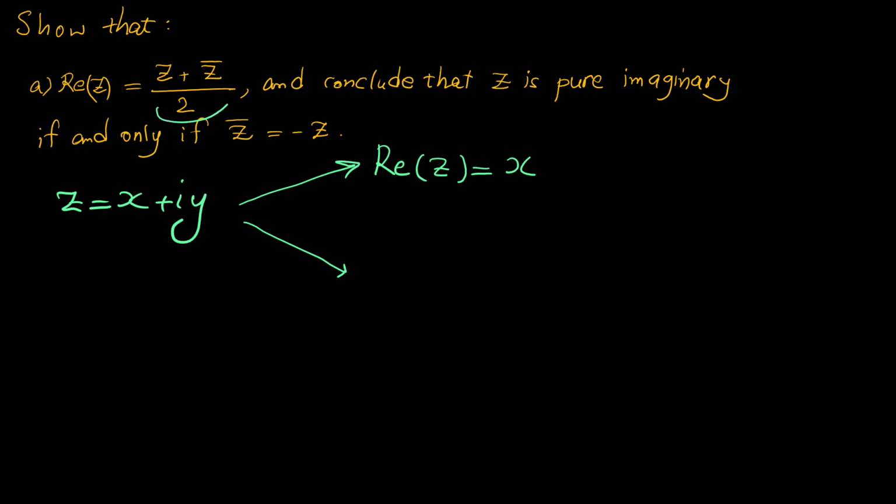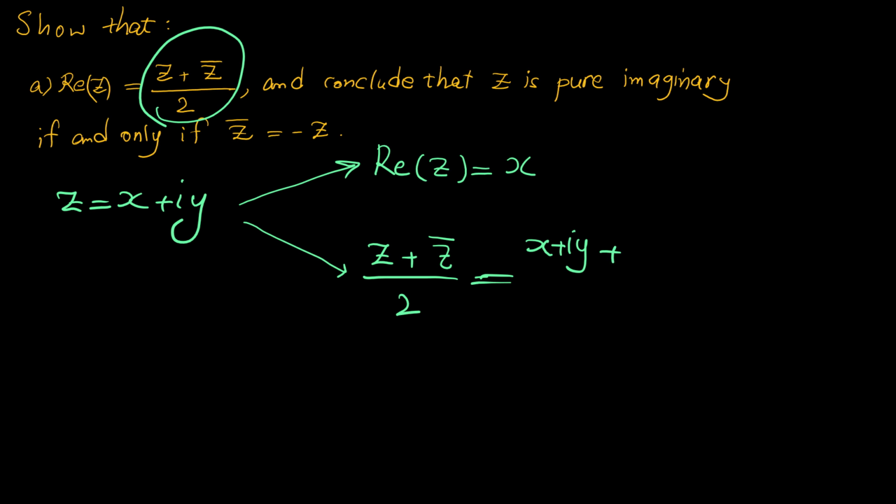Now let's calculate the other side of this identity. What is z plus conjugate of z divided by 2? z is x plus iy. The conjugate of z is x minus iy. And divide this by 2.